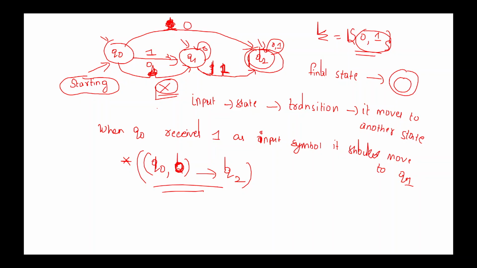Now, how does a DFA model accept or reject? We have seen that there are some transitions between the states. That's fine. If there is a string called 101, then one by one the symbols are given to the model, and based on the inputs there will be some transitions.